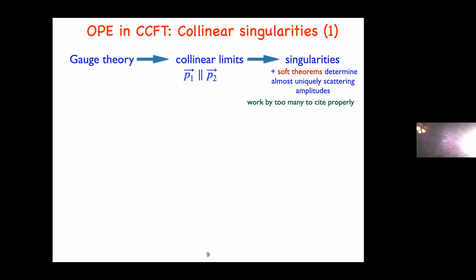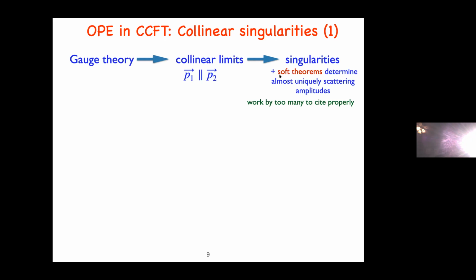In gauge theory scattering matrices, there are particular limits which are called collinear limits, where the momenta of two external states become collinear. That means they travel in the same direction. And it turns out that in gauge theory and in gravity, under some assumptions that I'll explain later, amplitudes in general develop singularities.